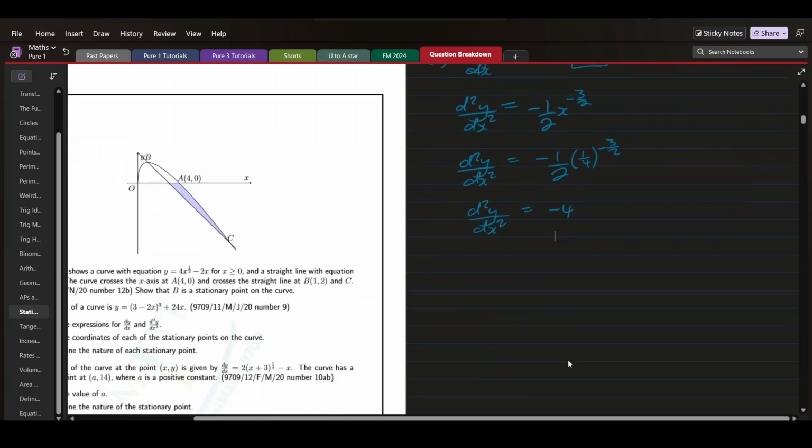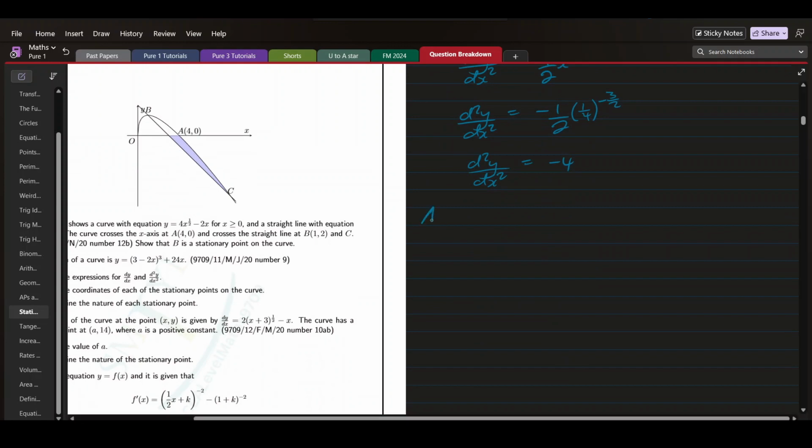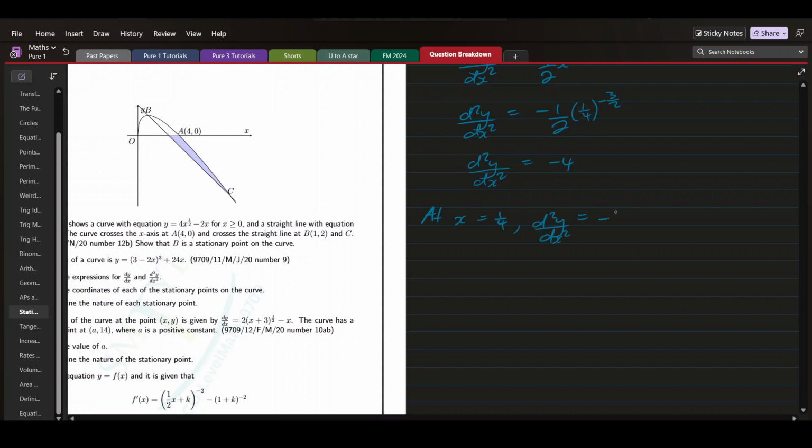So we can conclude that at x equal to 1/4, our second derivative d²y/dx² is equal to -4, which is less than 0. Hence, it is a maximum point.